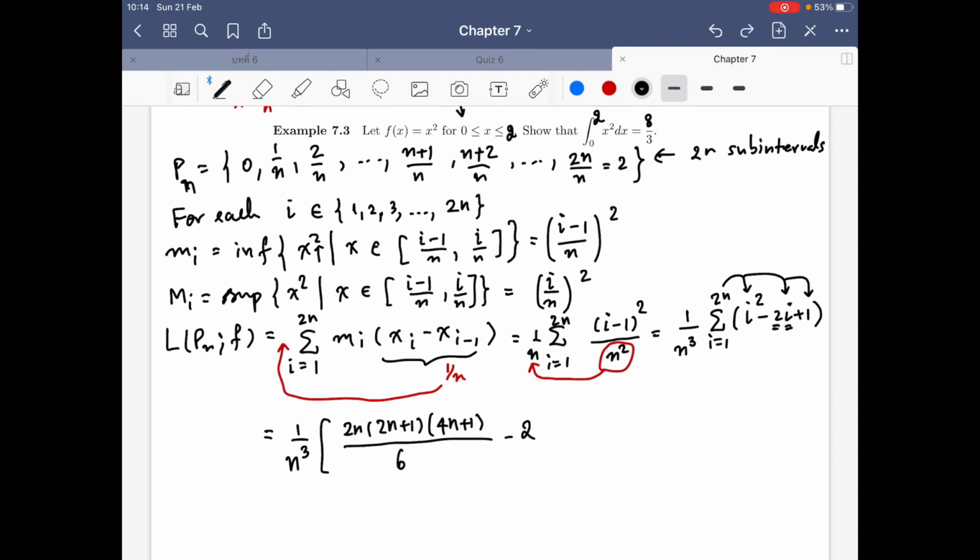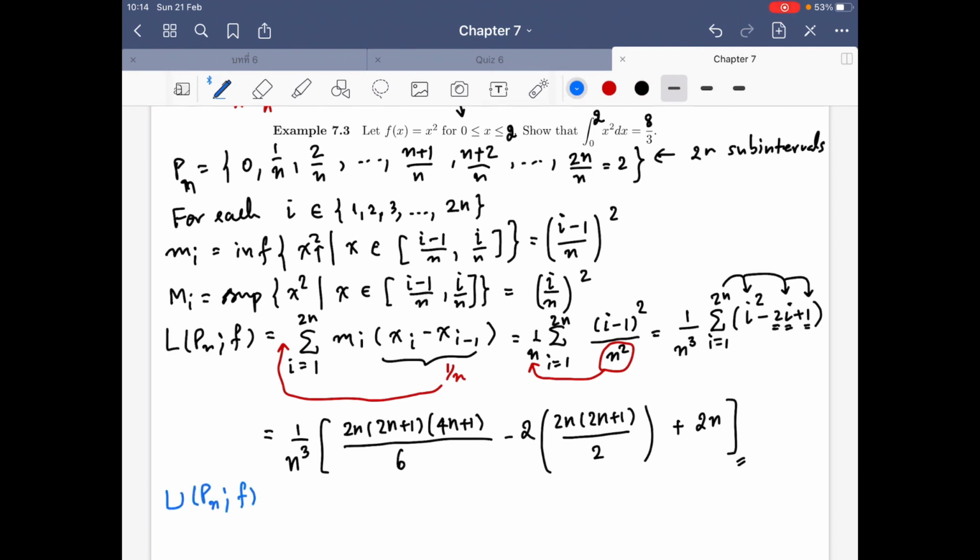So you have 2n plus 1 over 2, and the summation of 1, 2n copies. Okay, 2n copies. All right. So here this is the lower sum. Just leave it like that first because that is maybe too complicated.